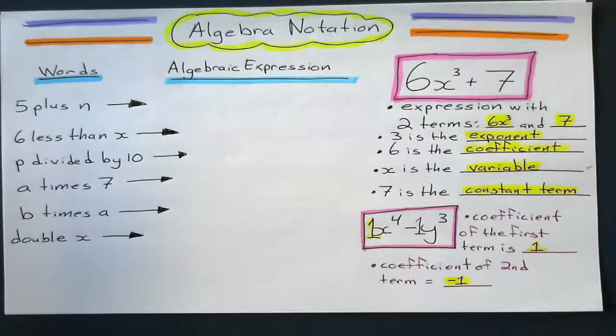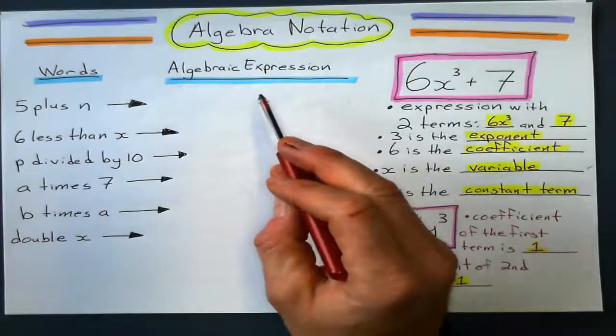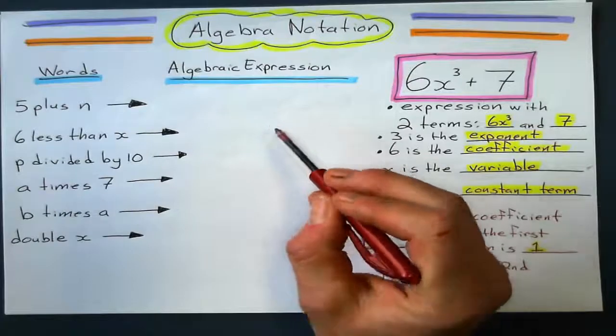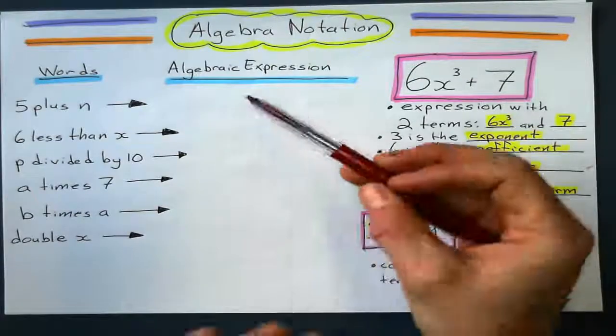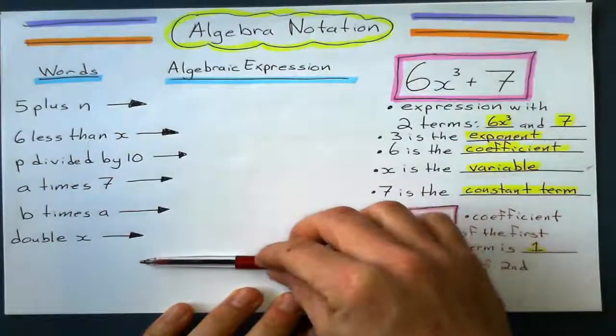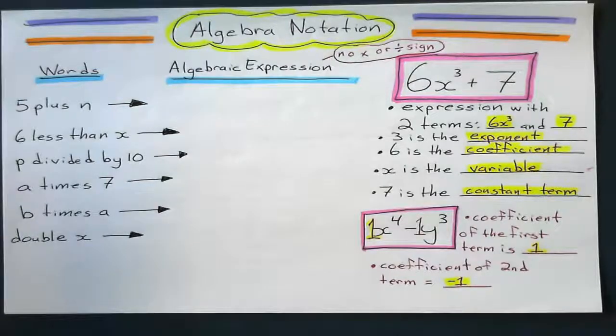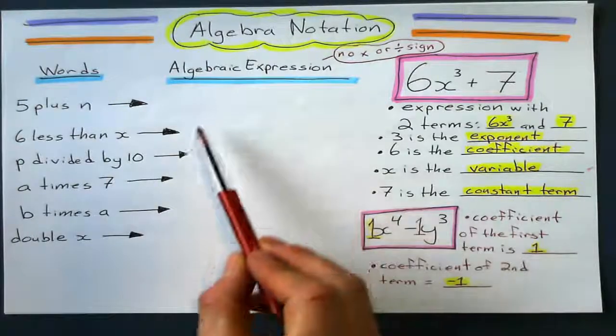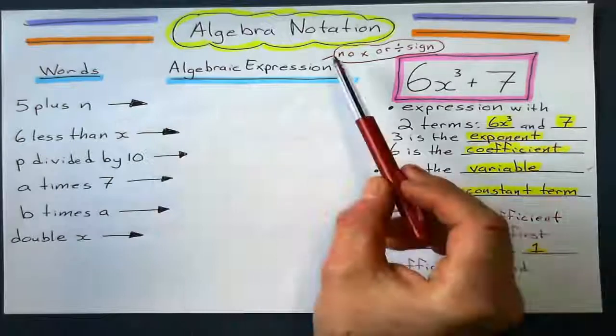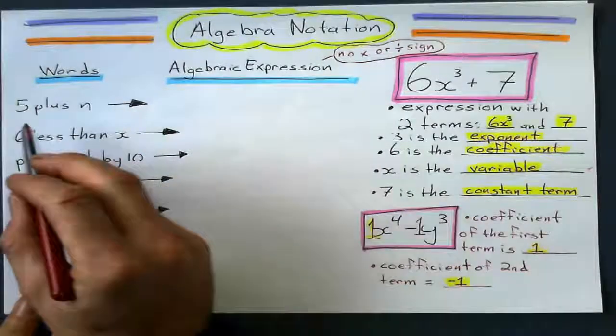Moving on with algebra notation, we don't use a times sign or a division sign in our simplified expression. So our simplified expression here, we're going to stay away from the times sign and the divided by sign. Okay, so when we write these algebraic expressions, we just don't want to use a times sign or divided by sign.